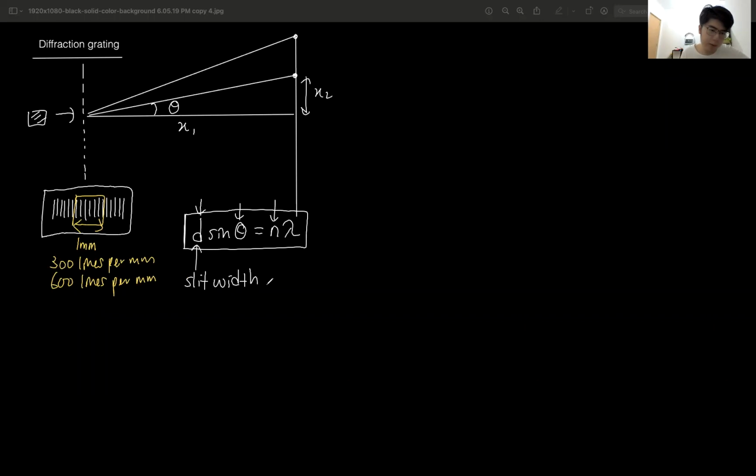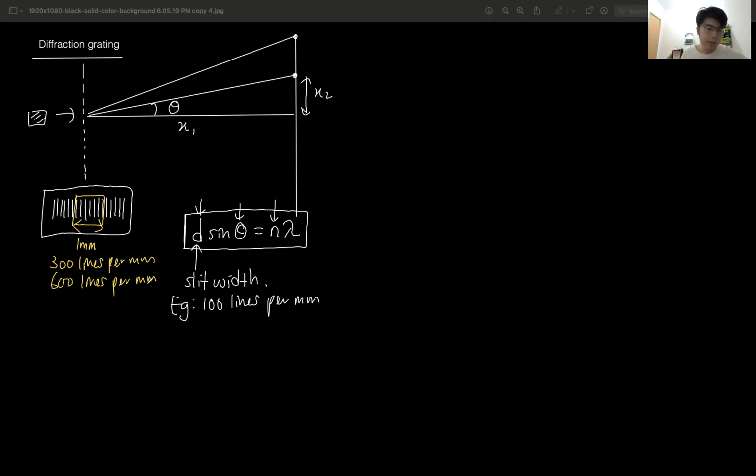Example, if we use a grating of 100 lines per millimeter, what is the slit width? In one millimeter, you have 100 lines. Slit width is the distance between the lines.